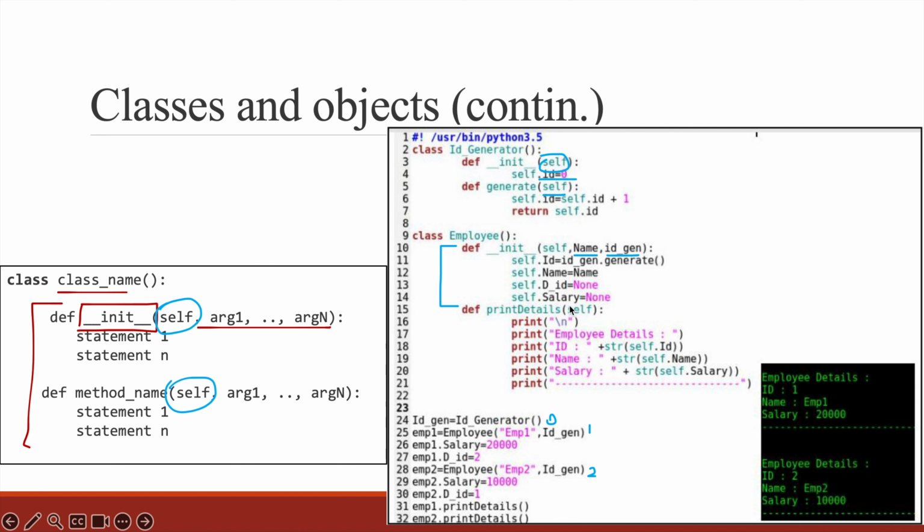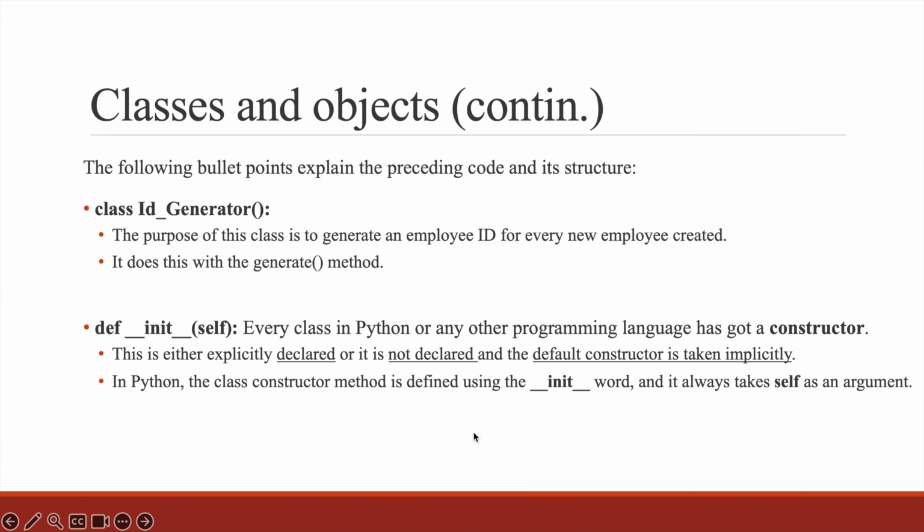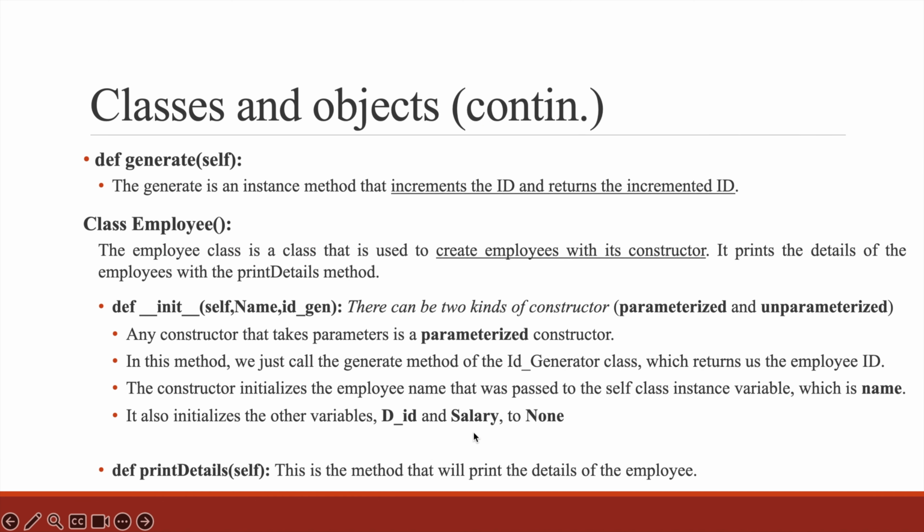So we have to write self here and self here, and for example, self here and self here. But when we call the methods, we don't need to explicitly type self as one of the arguments. So here we just wrote the name and the ID generator. We didn't write self. So this is what it means, that it's going to be implicitly handled by Python.